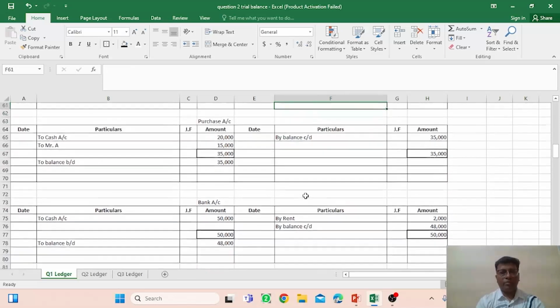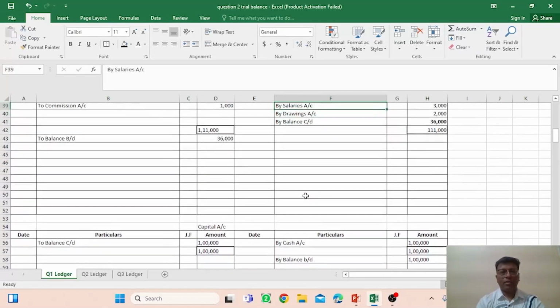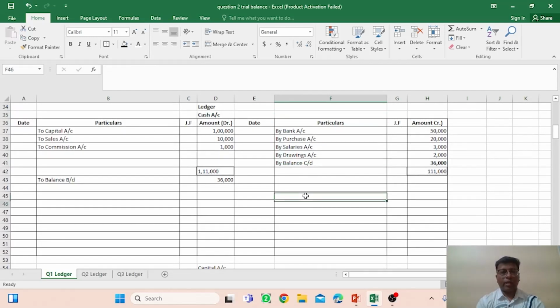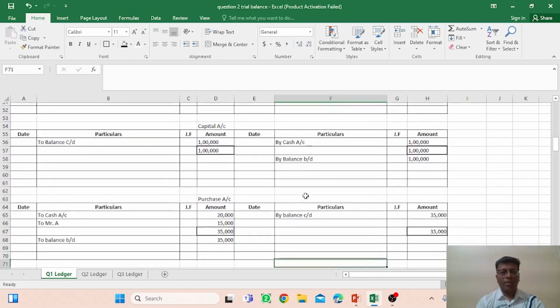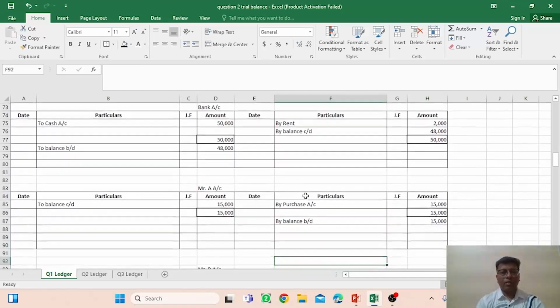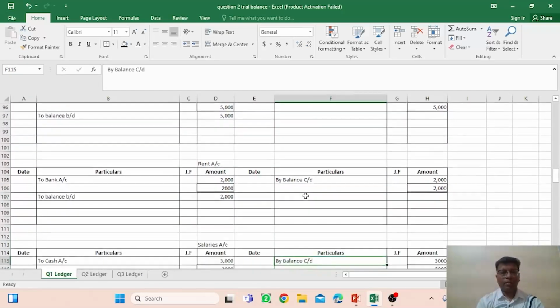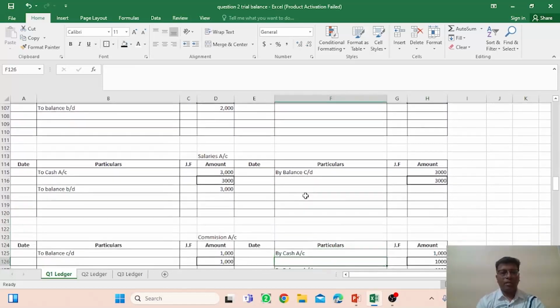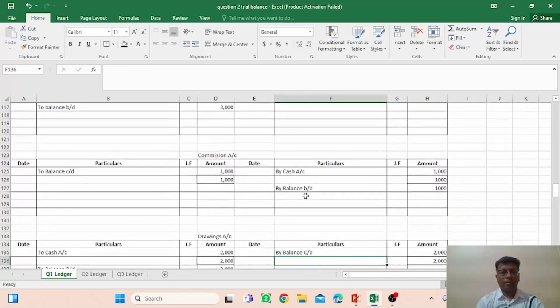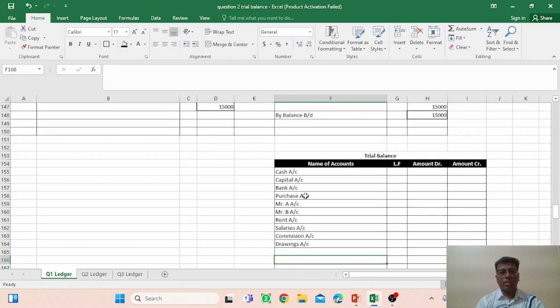and check whether all the account names have been mentioned or not. You have to ensure first, right? So cash account, capital account 2, purchase account 3, bank account 4, then 5, 6, 7, 8, 9, and 10, right? All the accounts have been mentioned or not? Your sales account, right? So sales account you have to mention.